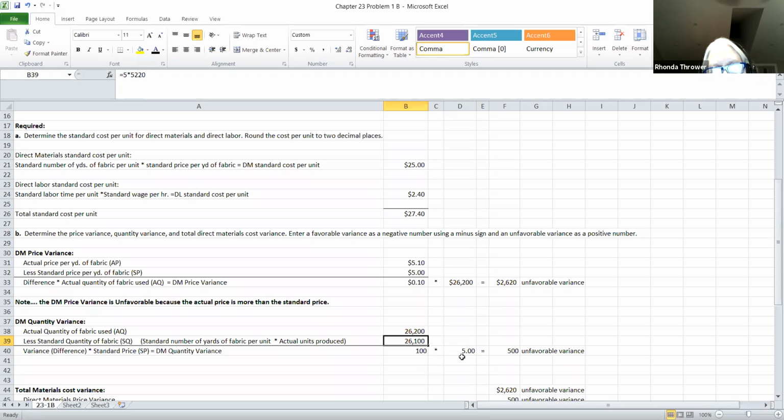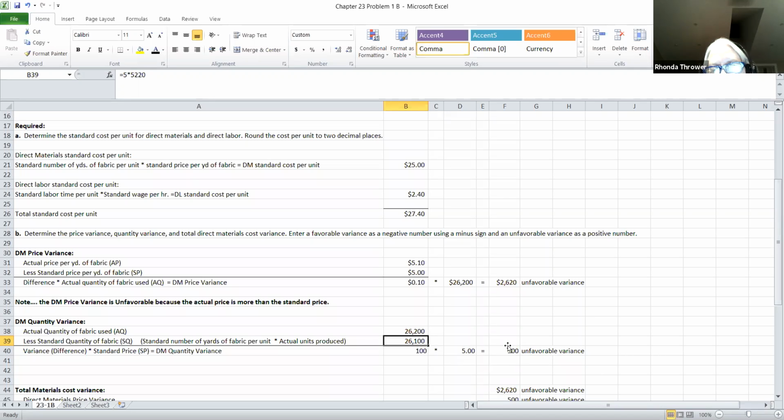The standard price is in the given information, but you can also find it right here, so you don't have too far to look. You don't have to scroll up and down because it's right there too. But 100 times $5 is $500 as our unfavorable variance.